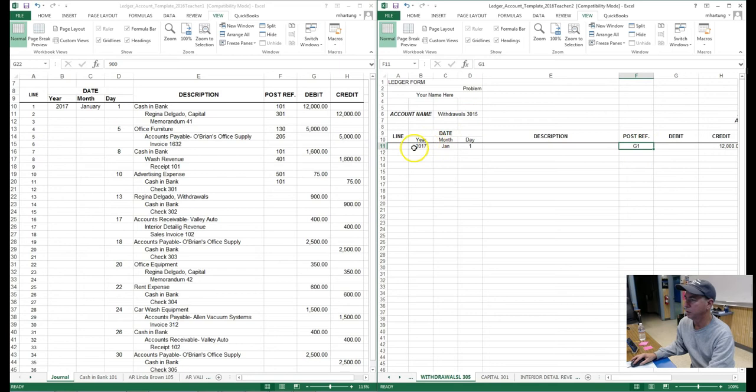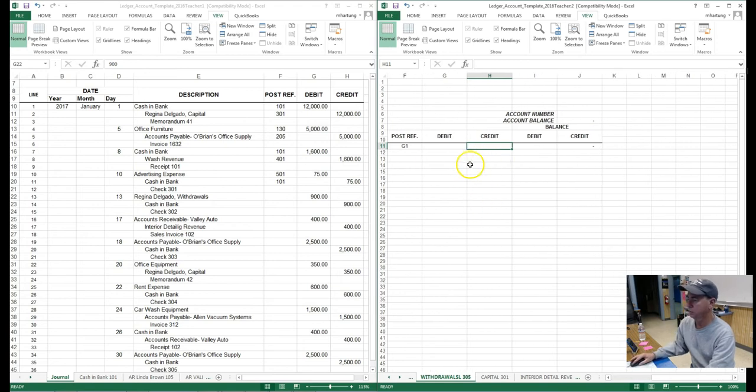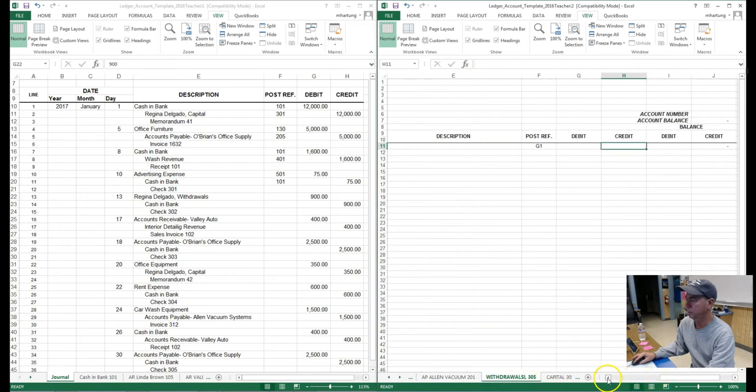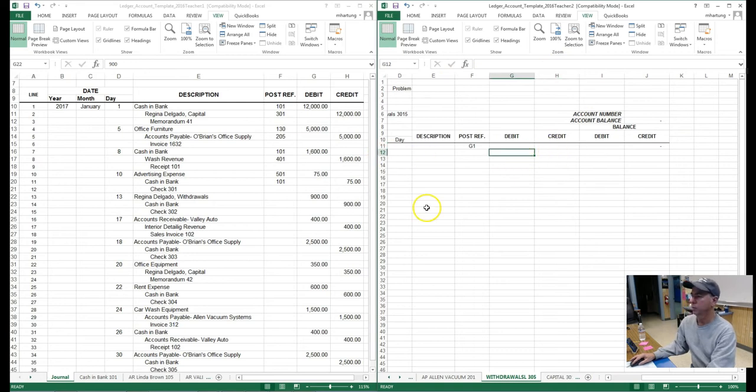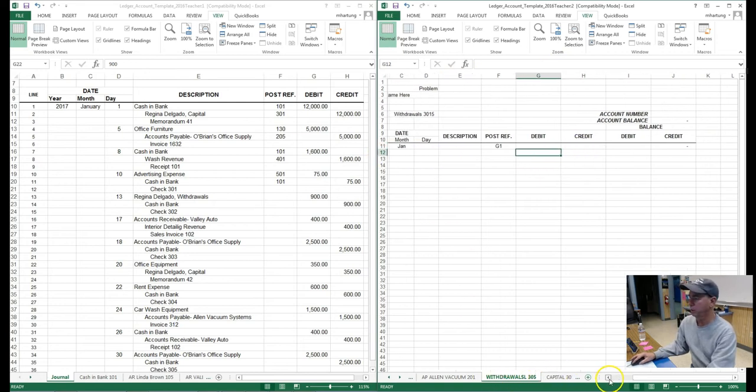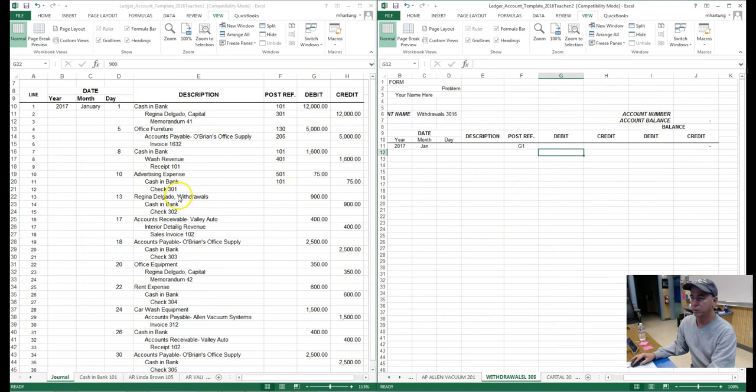And then of course we need to get rid of this transaction because that was from the capital account. And I'll make that column a little smaller so we can see it. Okay, now we can make this entry to withdrawals of $900. And the date is the 13th.